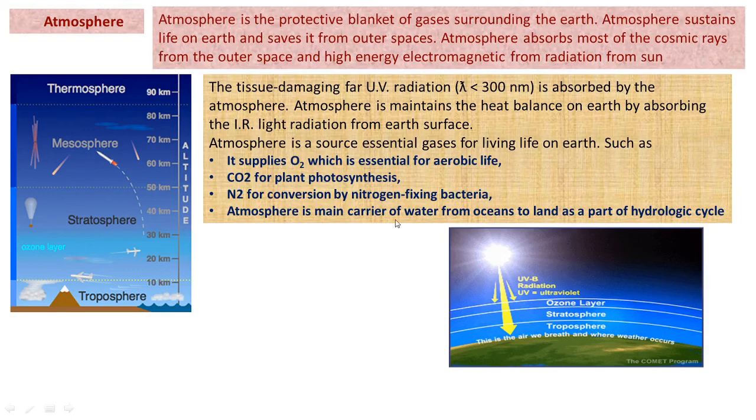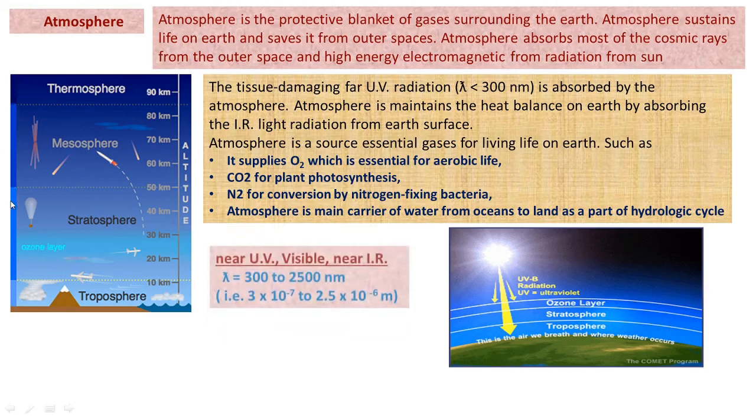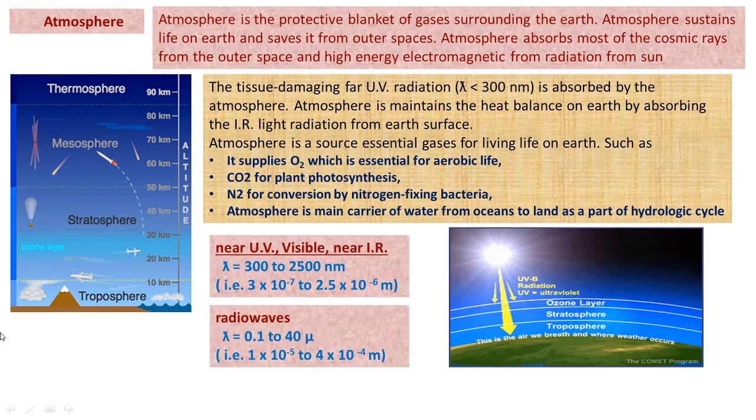The atmosphere is the main carrier of water from ocean to land as part of the hydrologic cycle. So these are the rays which are generally absorbed by the atmosphere, and due to this the heat is balanced in the atmosphere.